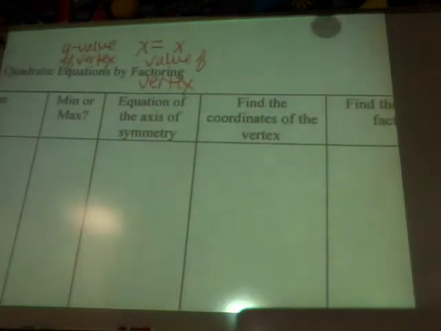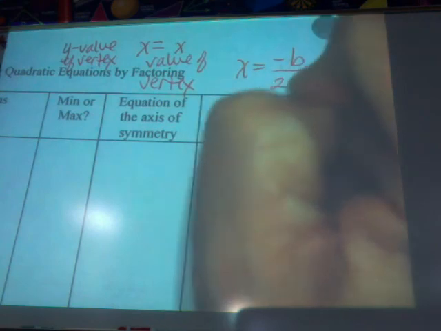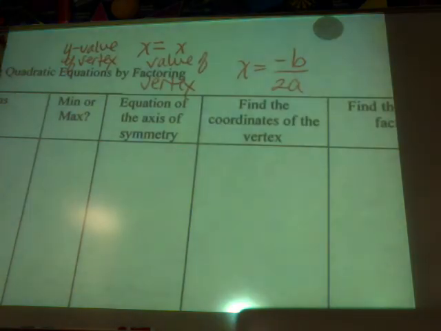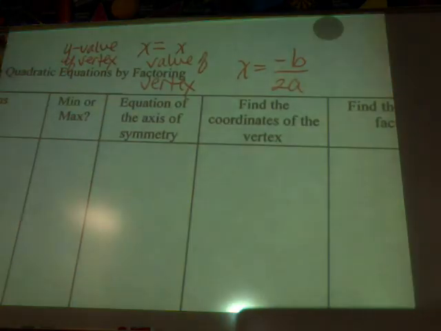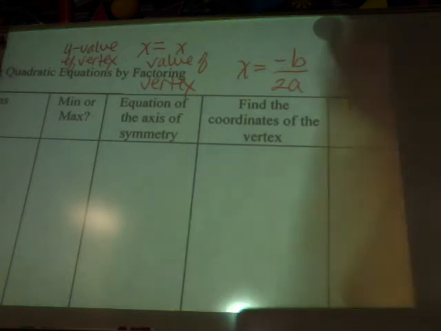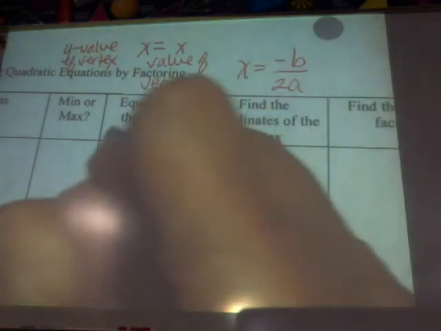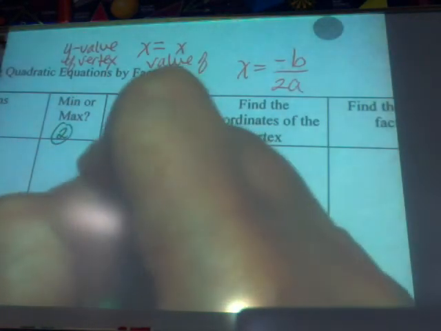The coordinates of the vertex is x equals the opposite of b over 2a. And then you're going to find the factors by zeroing, right? And then don't we do this one first? So you might want to also write in here that this is first, and then these two are second and third.